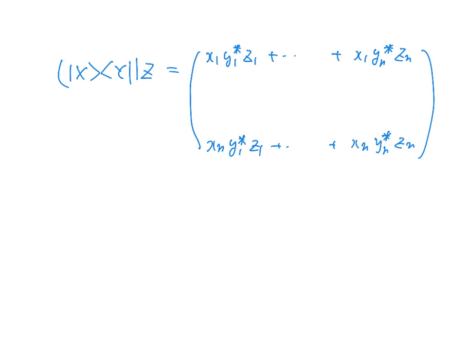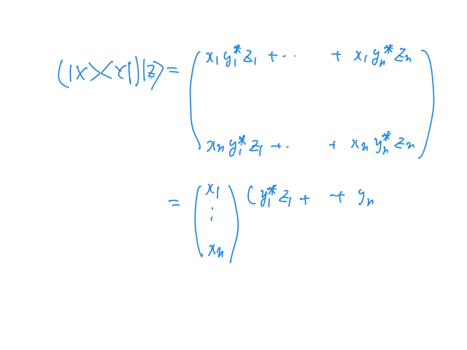And what I was doing, you can put this as x1 to xn with a common factor of y1 complex conjugate z1 up to yn complex conjugate zn.